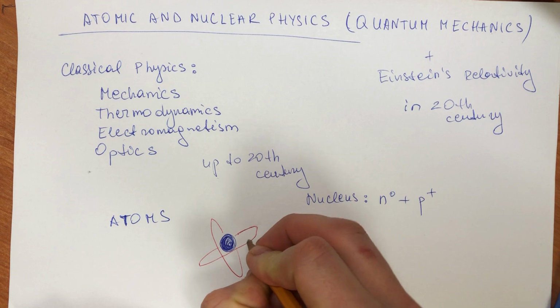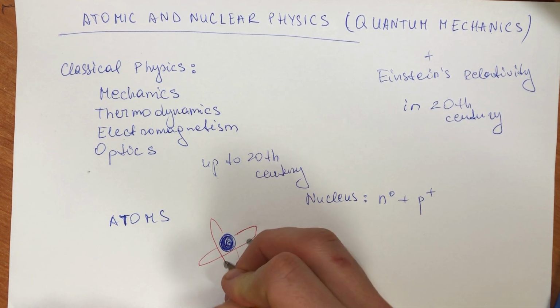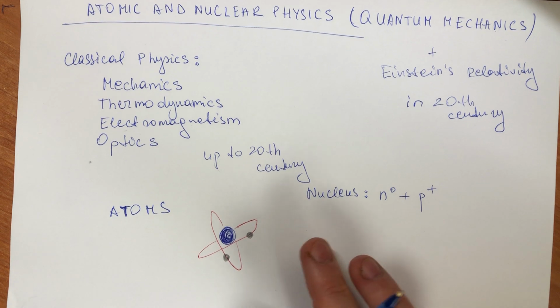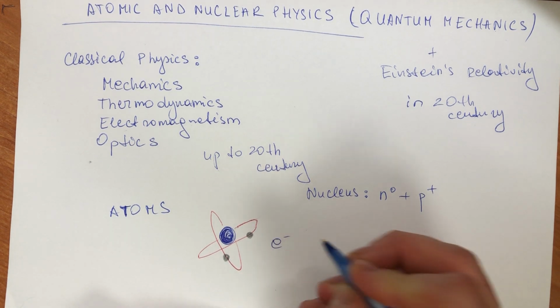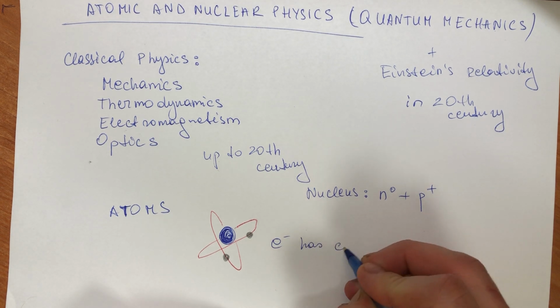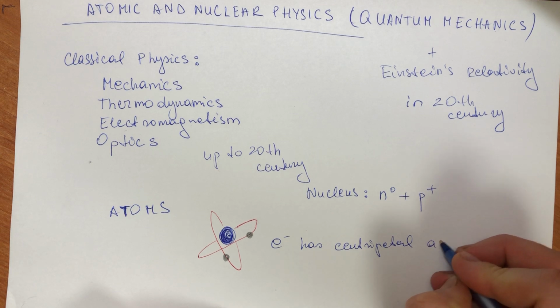Let's say this is an electron. It's moving around a circular orbit. This is another electron. And what's happening, because this orbit is circular, the electron has centripetal acceleration.